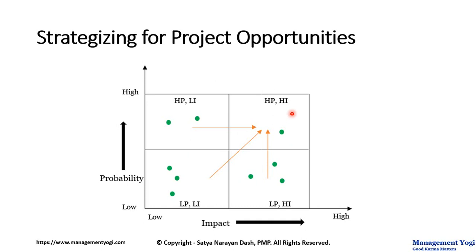Effectively, whatever strategy or combination of strategies you are going to use for your opportunity, you are going to have the risk with high probability value and high impact value. That is because it is an opportunity, you want to ensure that this happens.